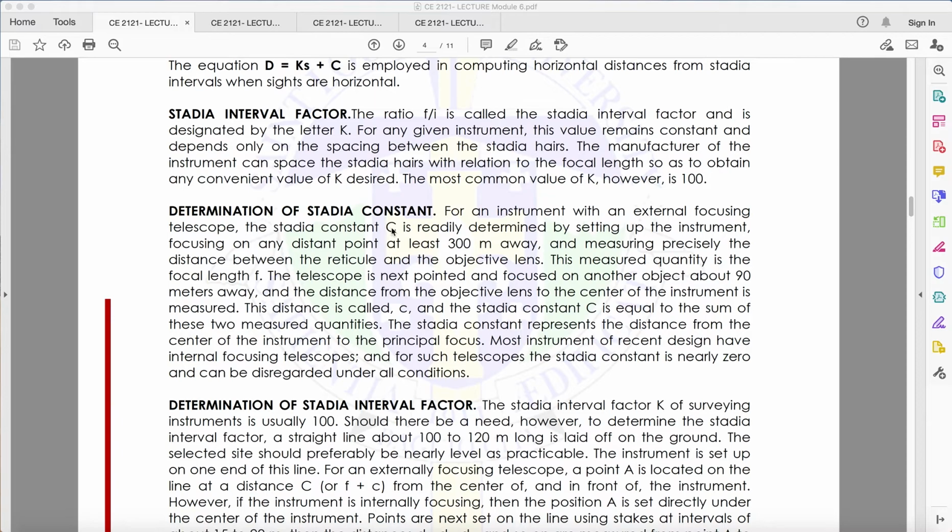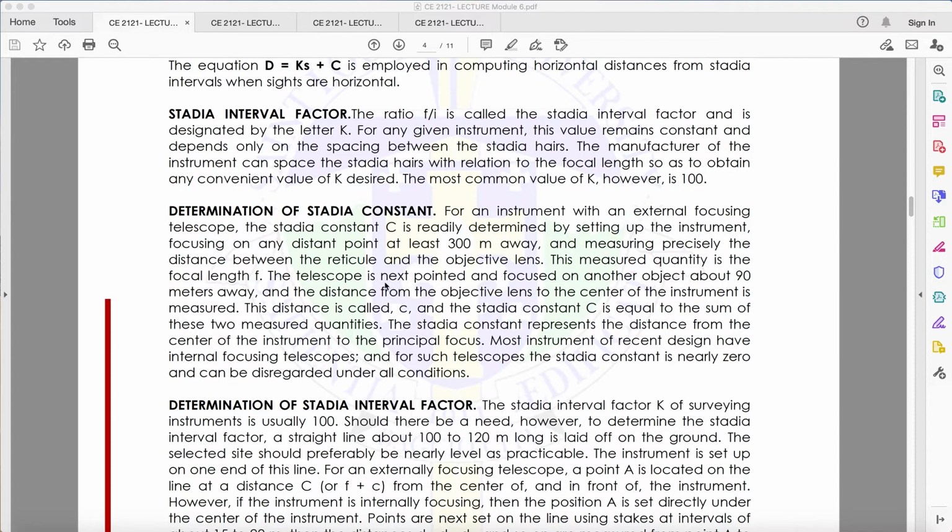The stadia constant is readily determined by setting up the instrument, focusing at any distant point at least 300 meters away, and measuring precisely the distance between the reticule and the objective lens. This measured quantity is the focal length f.